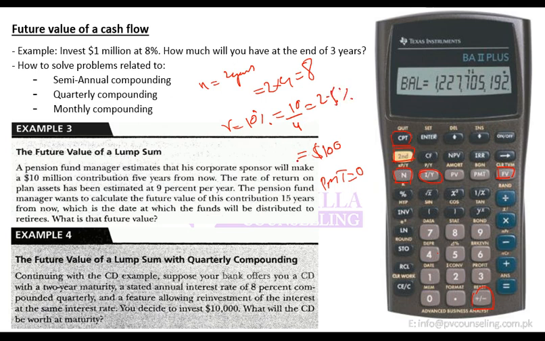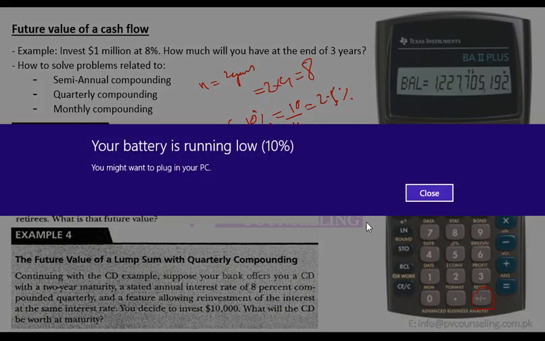You plug in the same numbers and calculate FV, and it should be a higher amount than 121.55. It is 121.84, which makes sense.